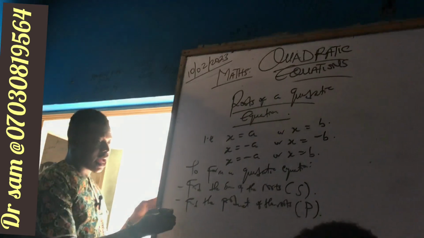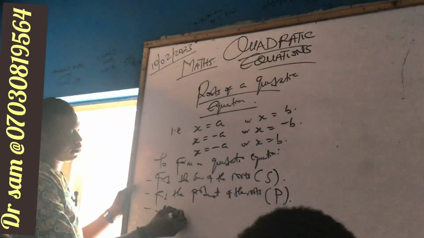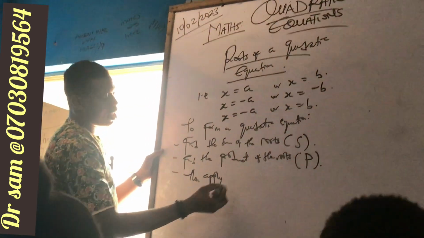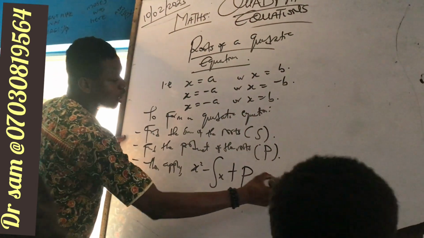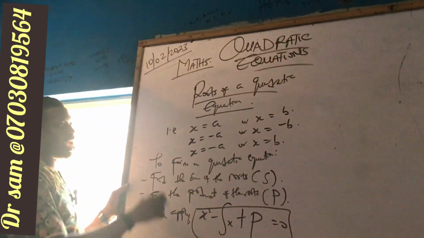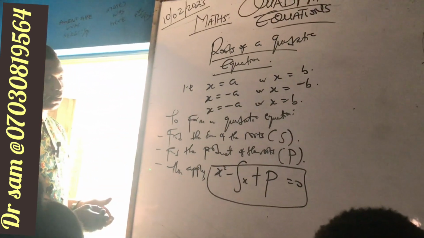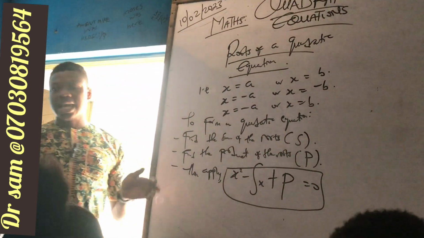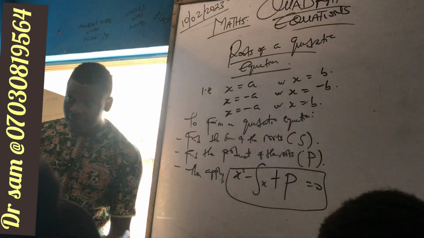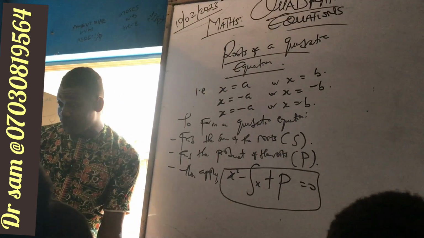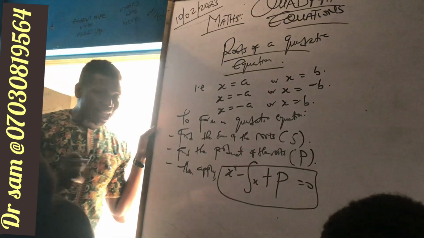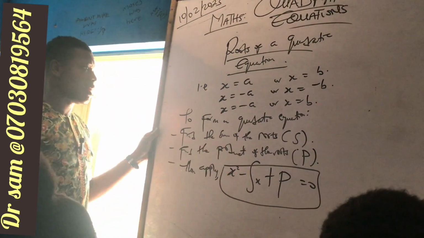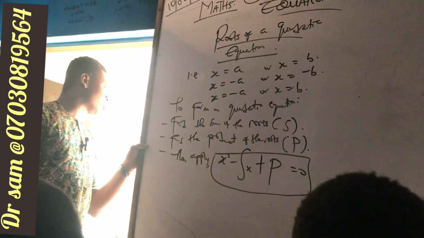Then you apply this formula: x squared minus S x plus P equals 0. You will get your quadratic equation. Then we can solve that quadratic equation again, and you must get the same answer you started with. Very simple like that. So we can choose any number and get a quadratic equation. Any number.